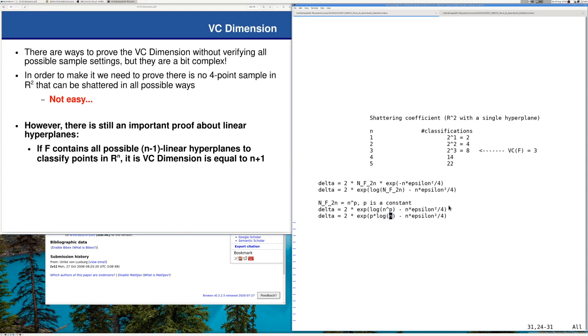Of course, this negative term is going to dominate the process, and it's going to converge to zero, because this whole exponential has a negative term in it, so the exponential is going to approach zero. By approaching zero, my delta, which is an upper bound for our probability, is going to tell me that my empirical risk is a good estimator of my expected risk.